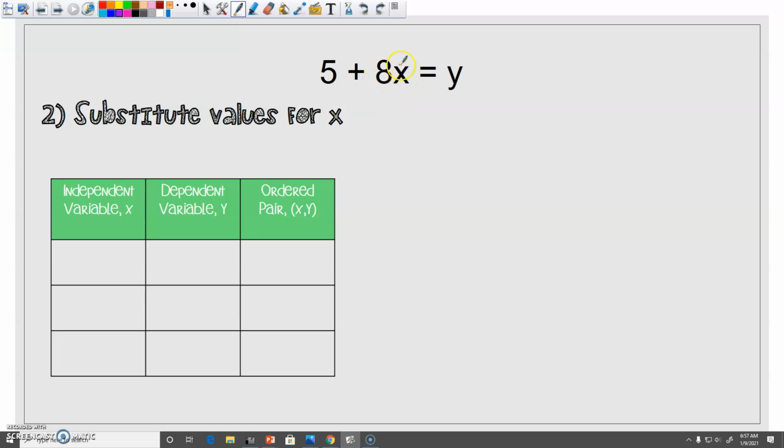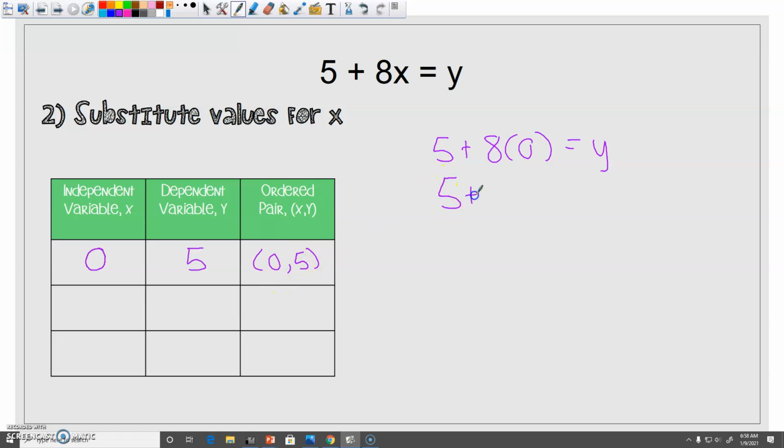I just rent the kayak and then I take it right back. So if my number of hours is 0, let's rewrite this. 5 plus 8 times 0 hours equals y. I have 0 plus 5 is $5.